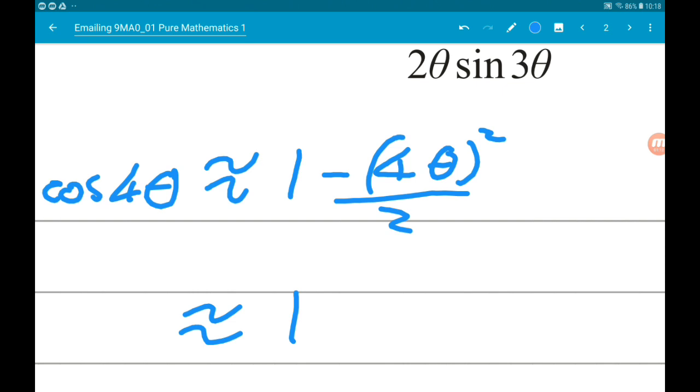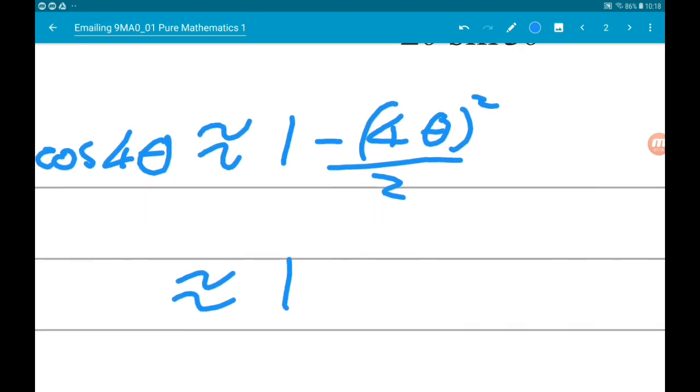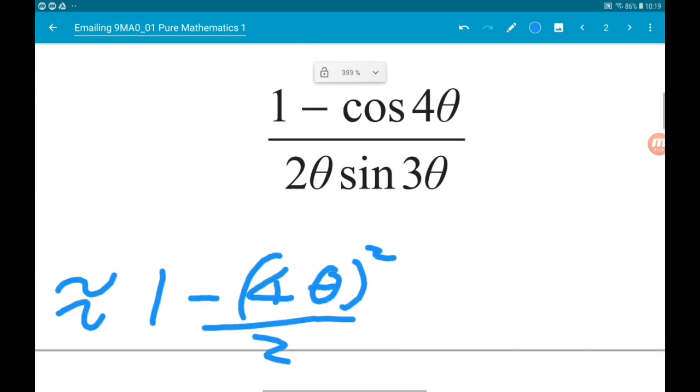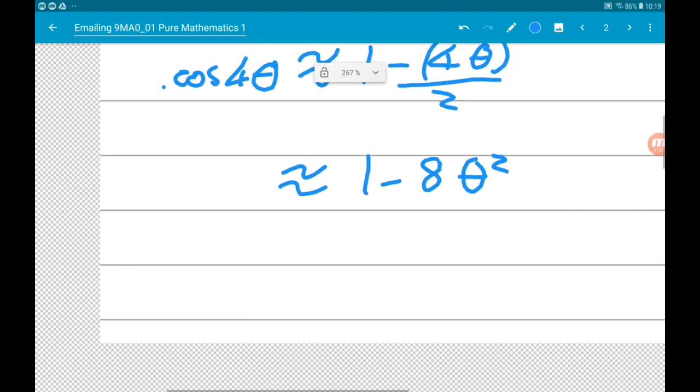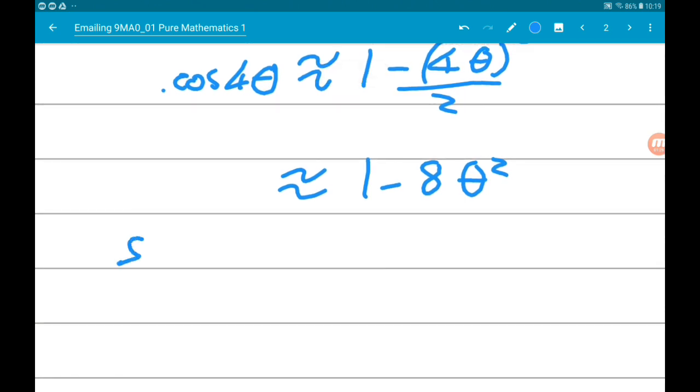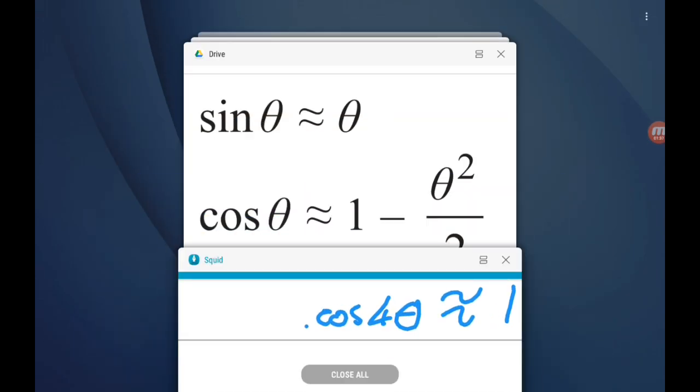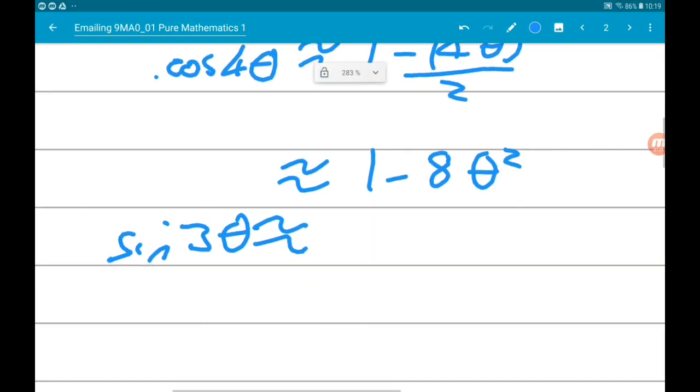So that's 1 minus 8 theta squared. Cool. Now, sine of 3 theta. Well, we're told sine of theta is approximately theta. So, sine of 3 theta is approximately 3 theta.